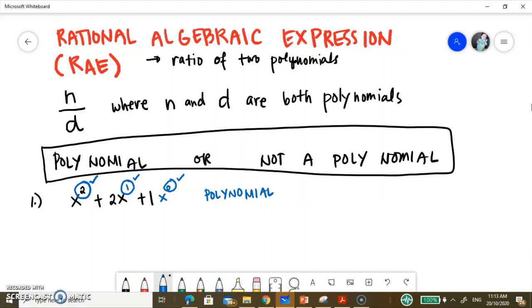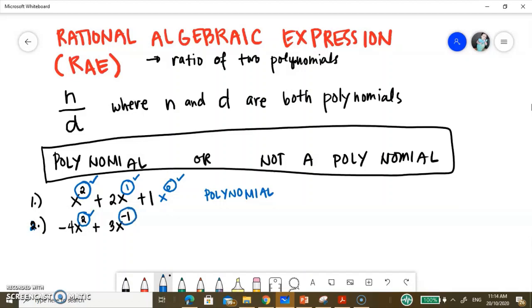Okay. Then another example. If you have, say, negative 4x squared plus 3x raised to negative 1. Okay, so we're going to check the exponents of our variable. So it's 2, pwede.